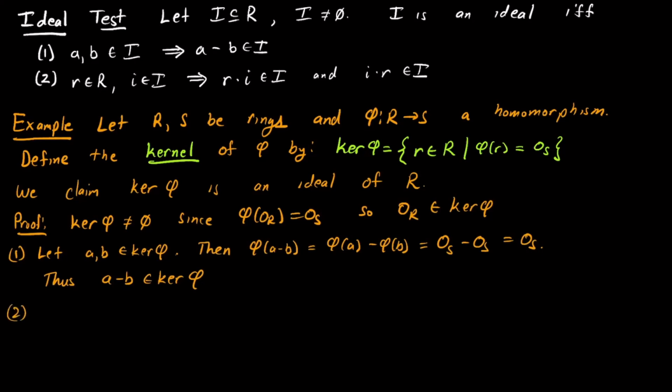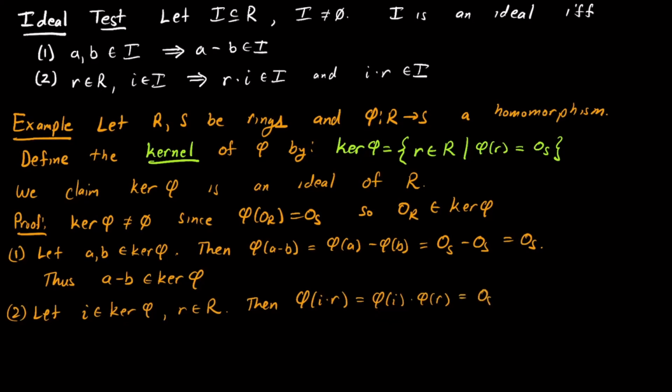And then finally, let's show that it has the absorption property. So what I'm going to do is I'll say let I be an element of my kernel and R be an arbitrary element of my ring. Then let's look at phi of I times R. Well, phi of I times R is phi of I times phi of R, because again, this is a homomorphism. And what do I know? I know that I is in the kernel, so I know that phi of I is equal to 0.